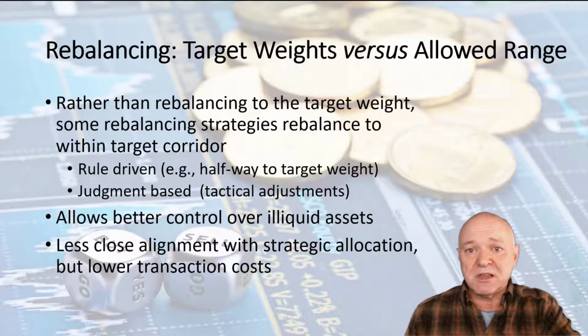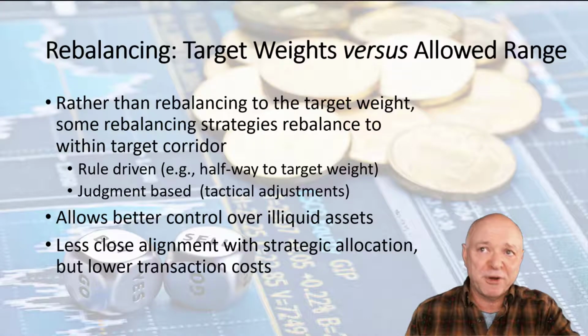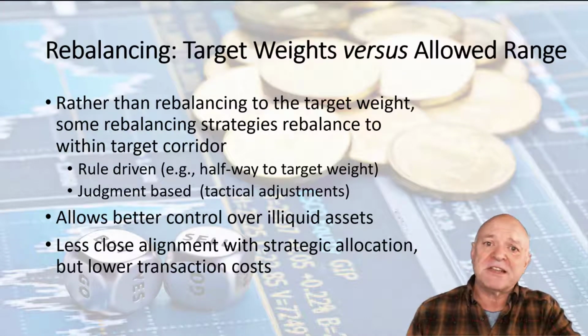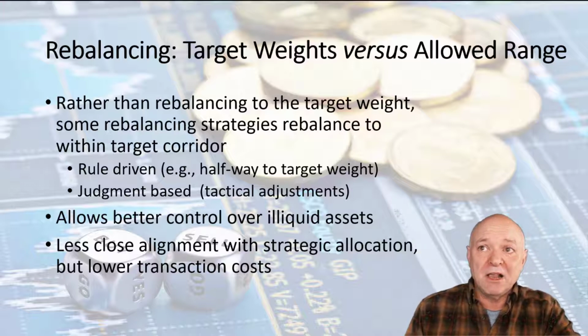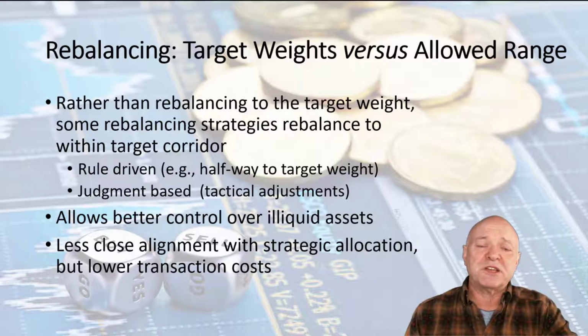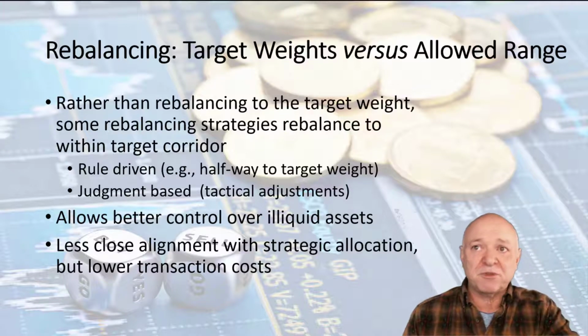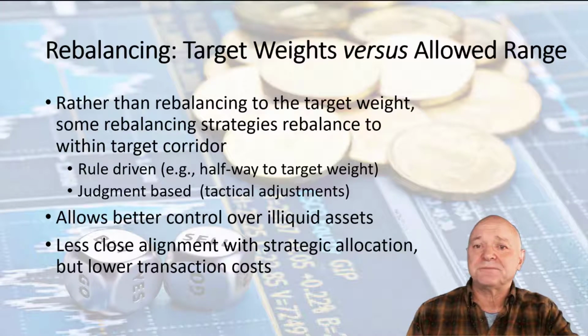And there's also an experience or judgment-based approach, which makes tactical adjustments on the basis of short-term judgment. This approach allows better control over things like illiquid assets, alternative investments, and so on. And it's more closely aligned with strategic allocation, but provides lower transaction cost.